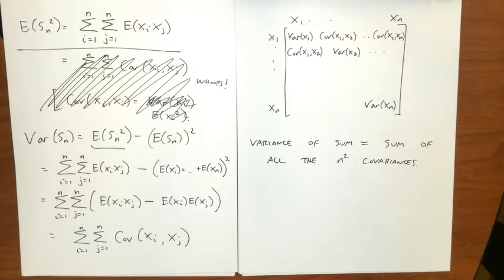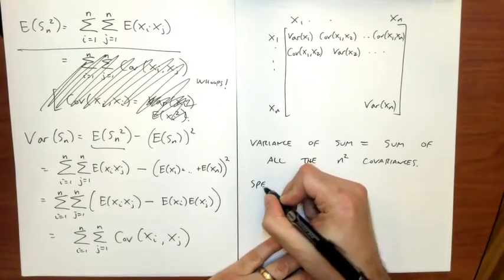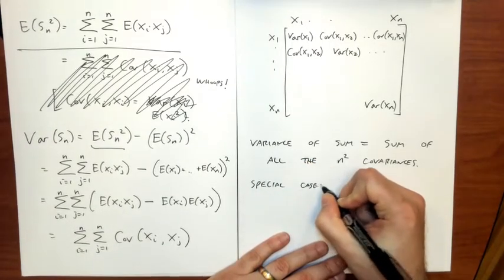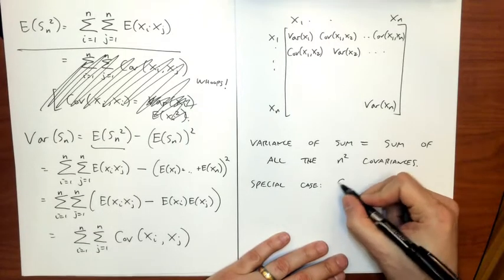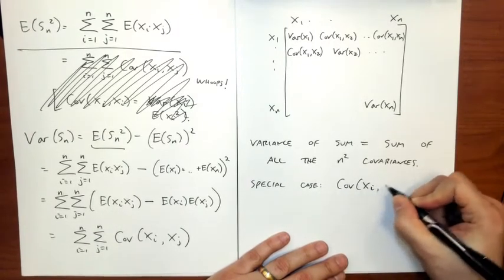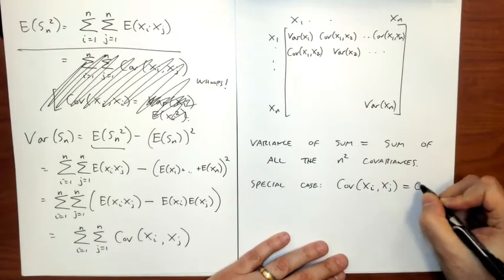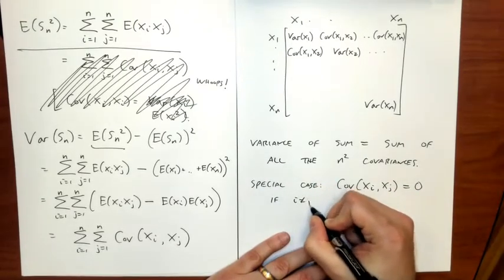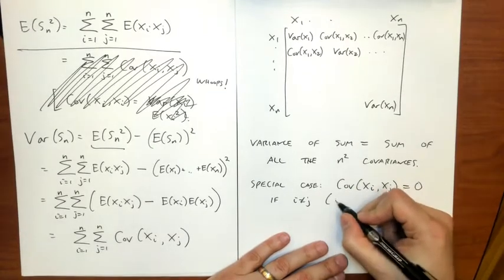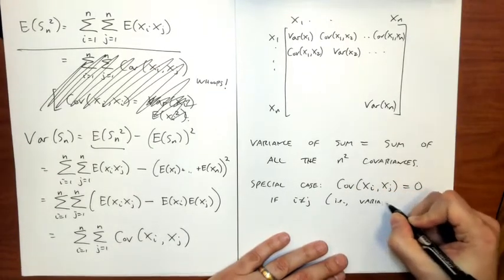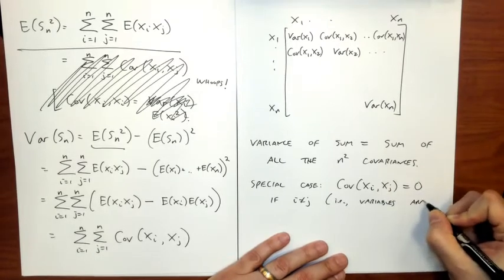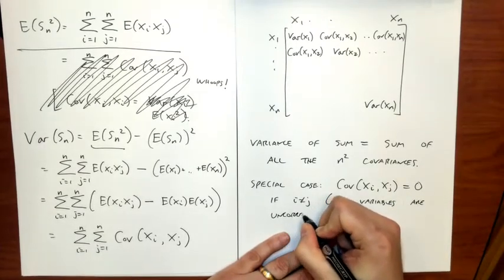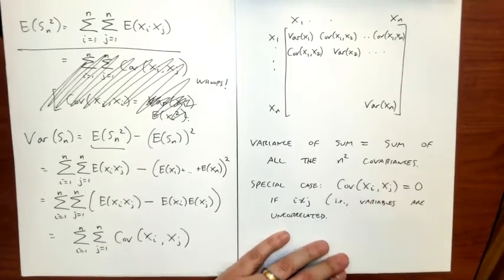So far these are all just general random variables. Now a special case would be: what if these variables were uncorrelated? That is to say, the covariance of xi and xj would be equal to 0 if I'm not looking at the same value, which is the same as saying the variables are uncorrelated. That's what we called uncorrelated last time. What would that mean?